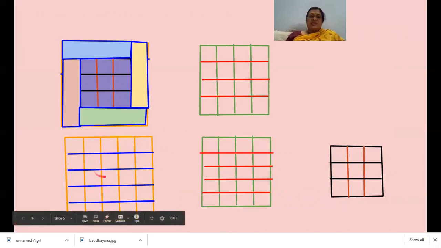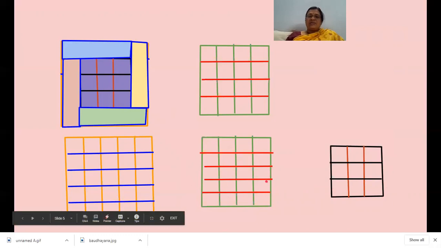This square on the hypotenuse is equal to the sum of the squares of the other two sides. Here this is 3 by 3, this one is 4 by 4, and this one is 5 by 5, isn't it? How many unit squares are there? 3 by 3 is 9, and 4 by 4 is 16.